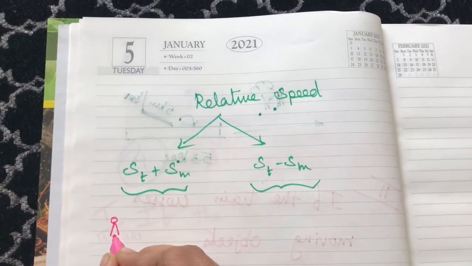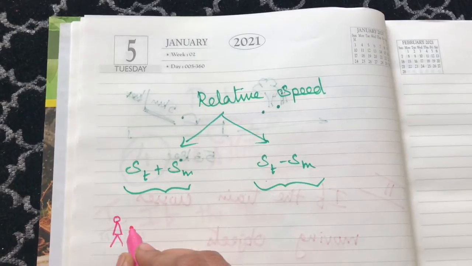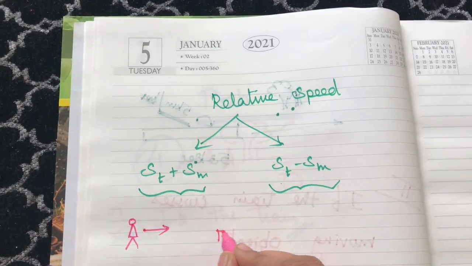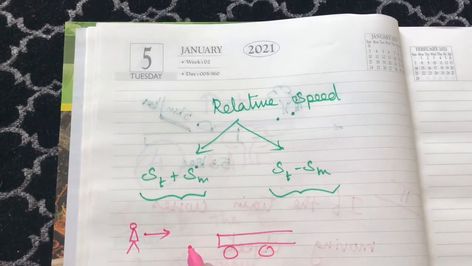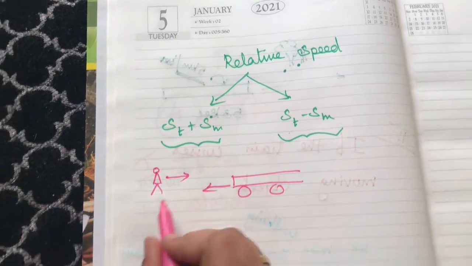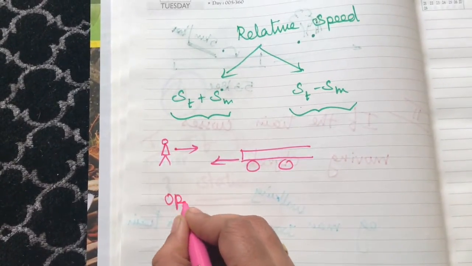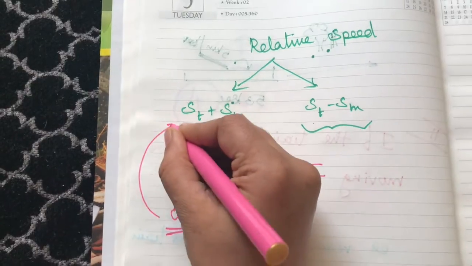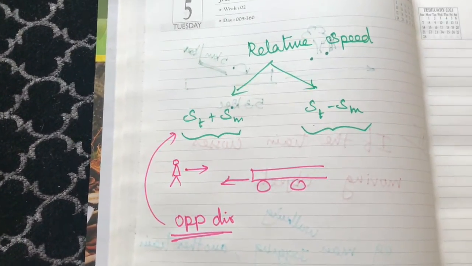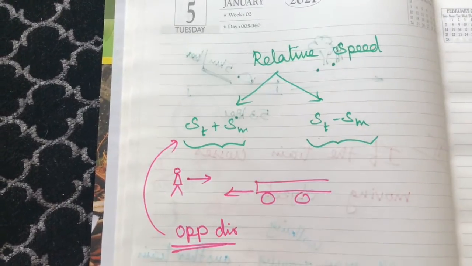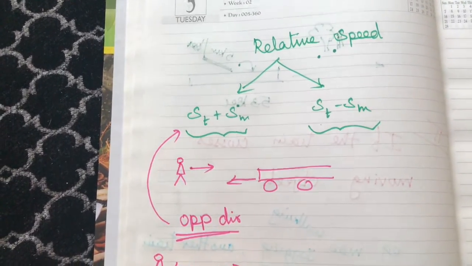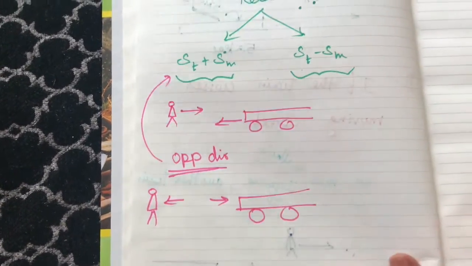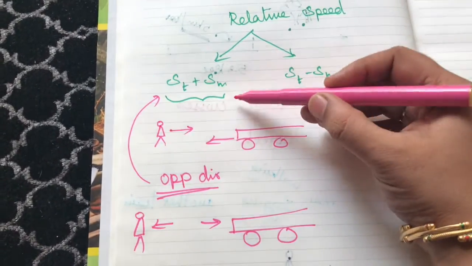If the man moves in this direction and the train is coming in the opposite direction, if these two objects are moving in opposite directions, we can easily add. Man walking in this direction and the train moving in that direction, opposite directions, just add the speeds.